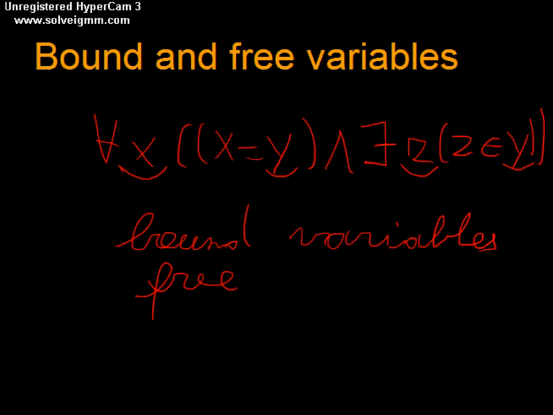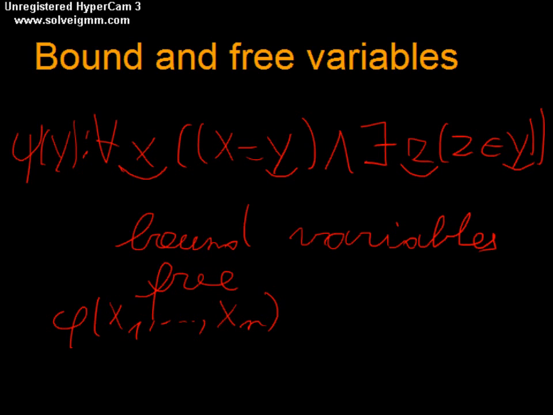Now a formula will usually be denoted by a Greek letter. For example, we will denote this as letter psi, and it is conventional to add the free variables after psi. So here this is psi of Y. So for example, if we see a formula phi of x1 to xn, then this means that this is a formula, and x1 to xn are its free variables.